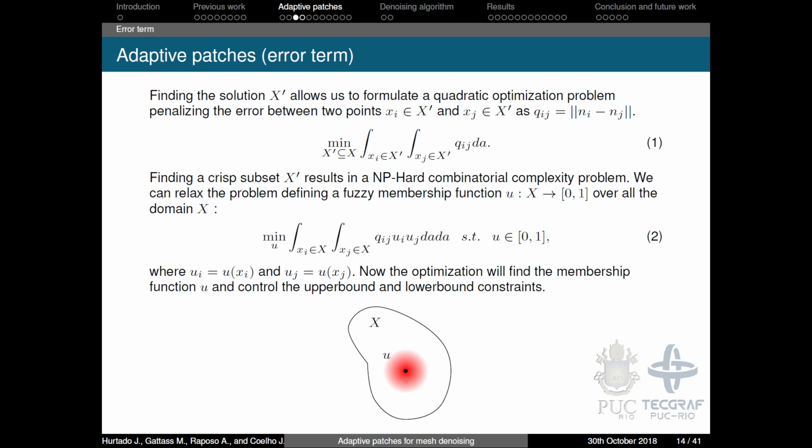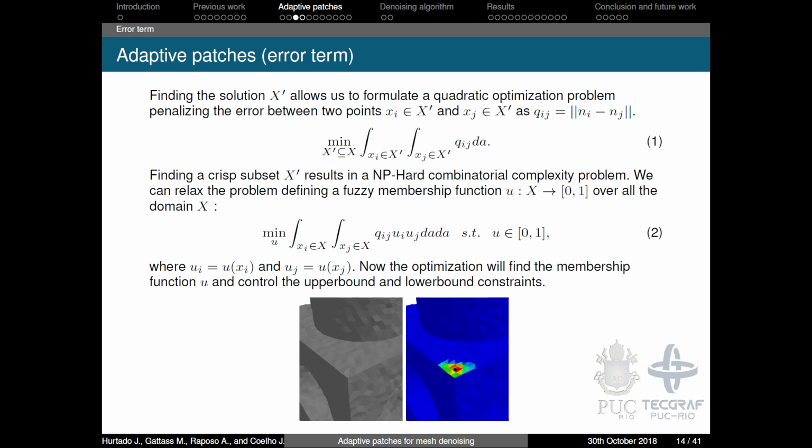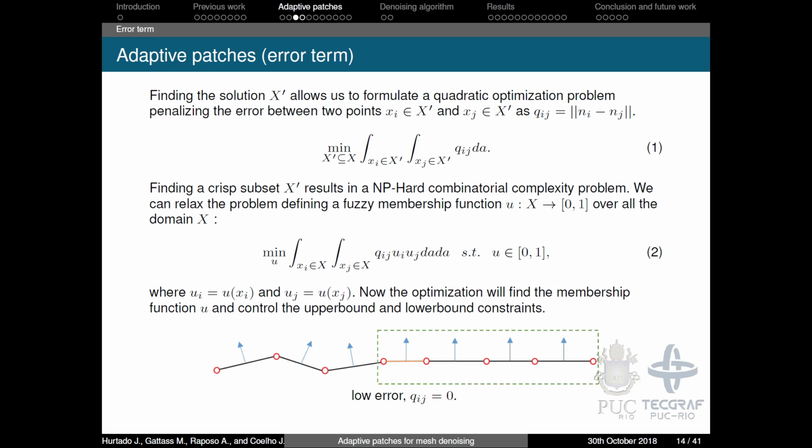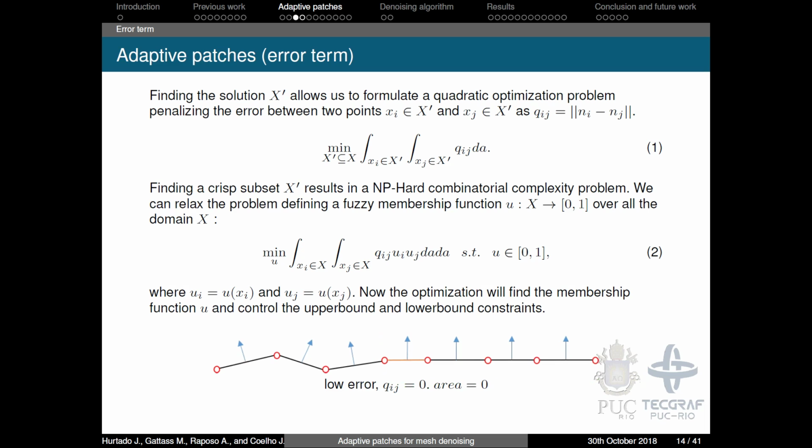Now we will have a solution like this, which is fuzzy. In the discrete setting, a solution will look like this, where blue is 0 and red is 1. Here we have a patch which has 0 error because the normal is constant. But also a solution is a 0 area patch.